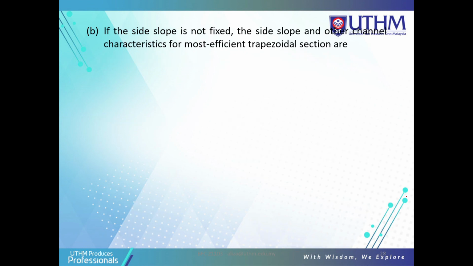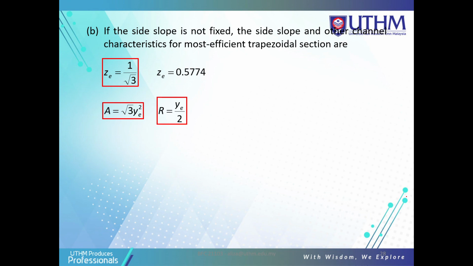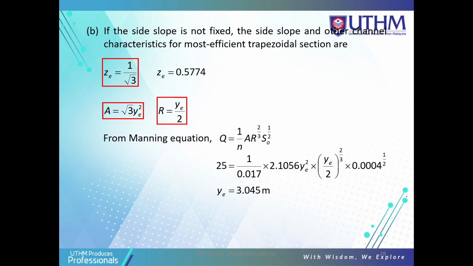Okay, if the side slope is not fixed, the side slope and other channel characteristics for the most efficient trapezoidal sections are ZE. So this is for the Z. If you get the value of Z, you get the area and R. So use that area and that best hydraulic section, put into the Manning equation, so you get the YE.